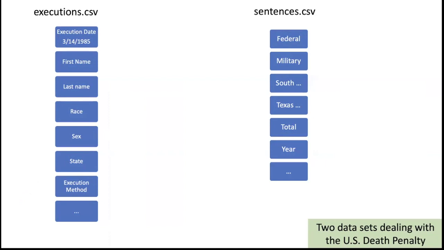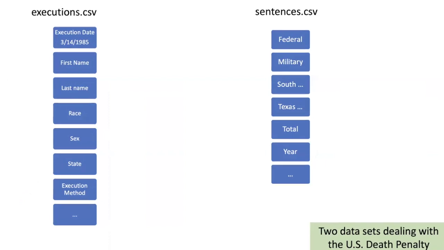So here's our strategy to join the two data sets together. The executions data set has the execution date with month, day, and year, and then the first name and the last name of the person executed, their race, sex, state, the execution method, and several other fields.